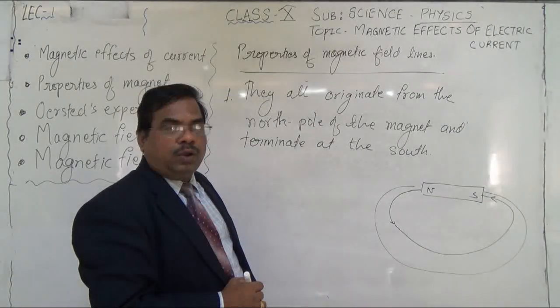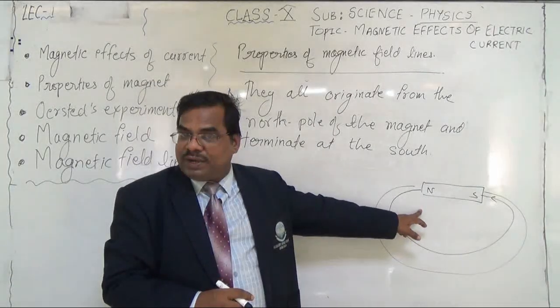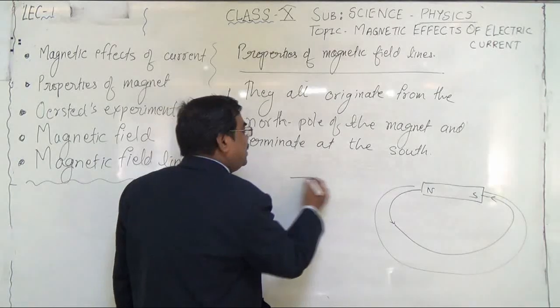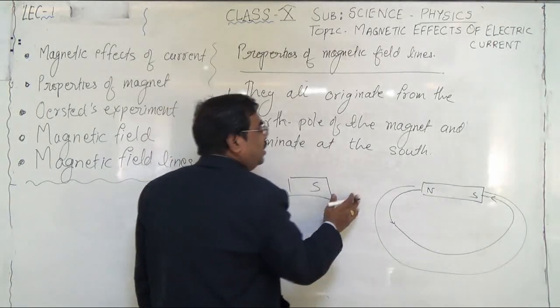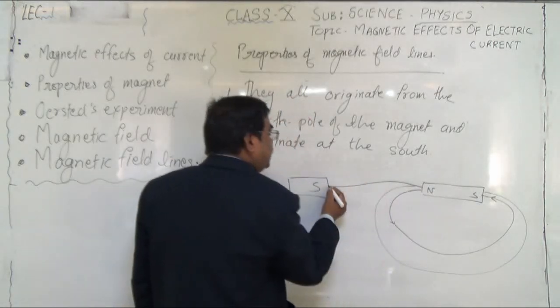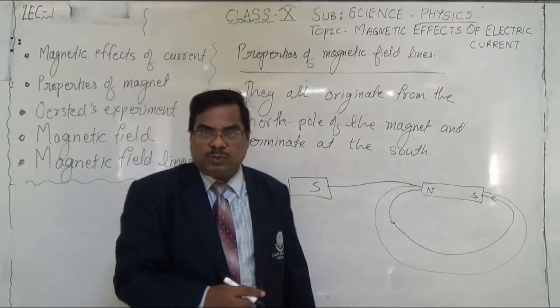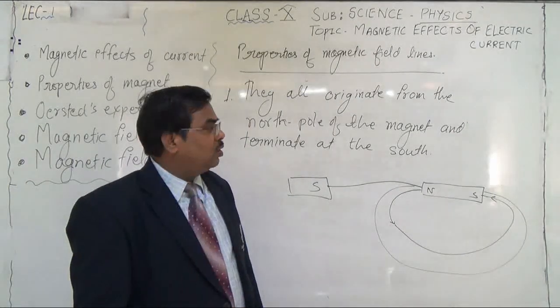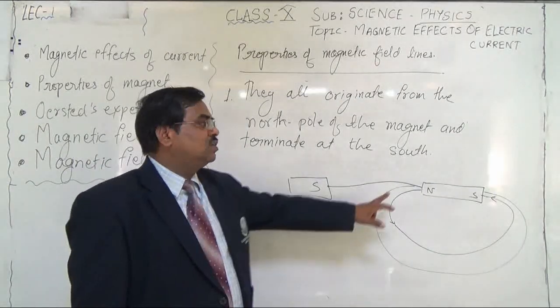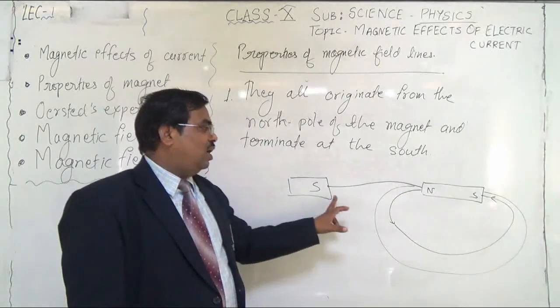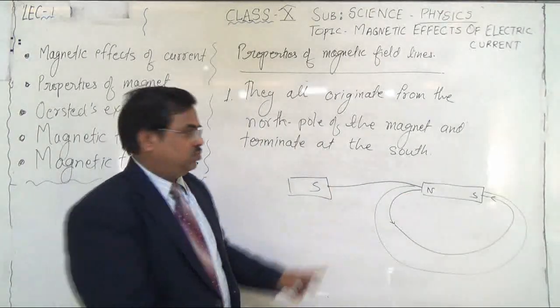Not necessarily of the same magnet. If there is another magnet, then they may terminate there also. So that thing we must know, that they are always moving from north up to south.